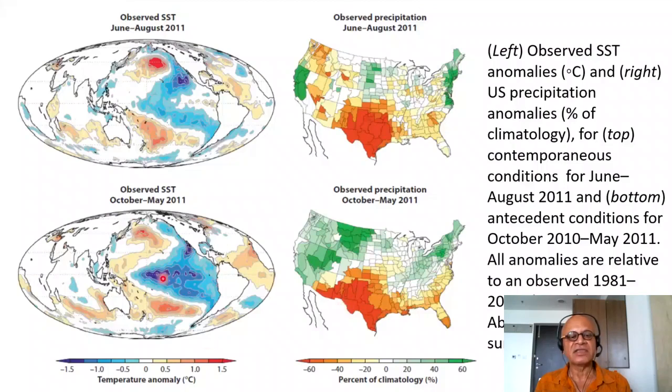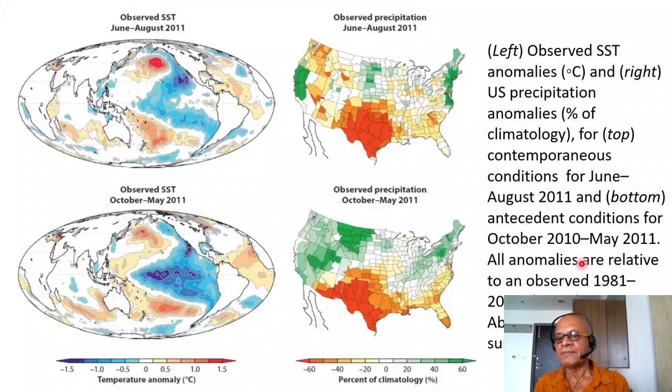So you can see that there is a La Nina pattern here, even though the maximum is shifted away from the coast here, and it has this kind of a pattern that has science behind it, like Rossby waves and so on. And you can see how the observed precipitation changed from the antecedent conditions of October to May 2011 to June to August 2011.